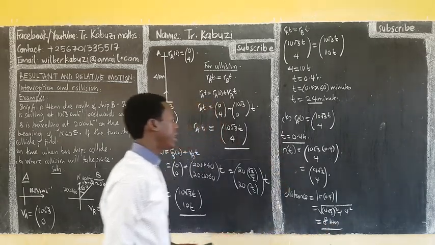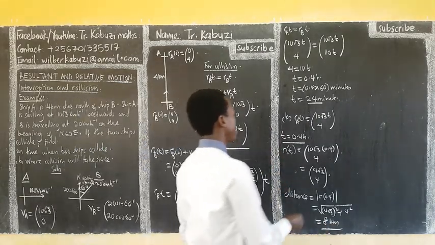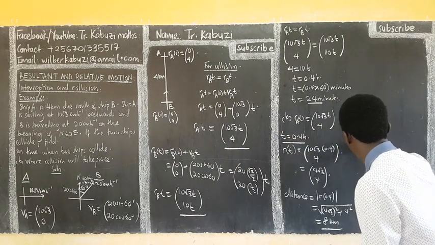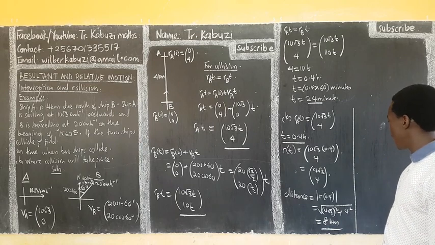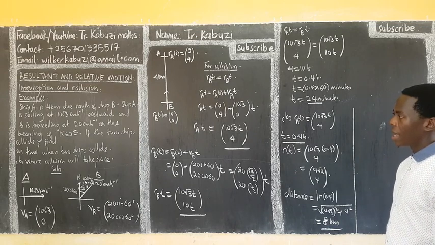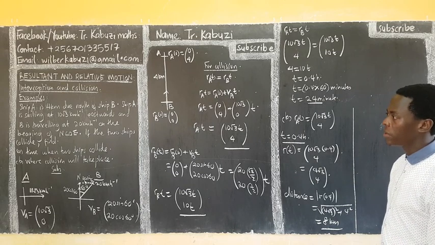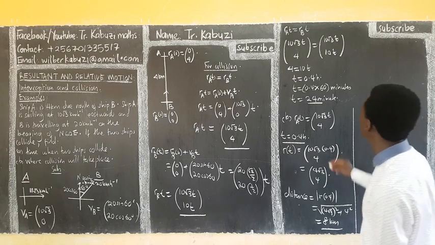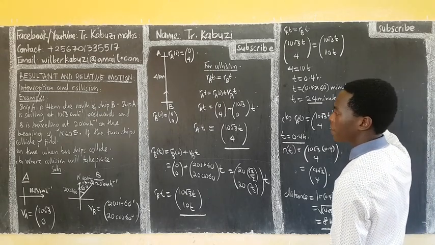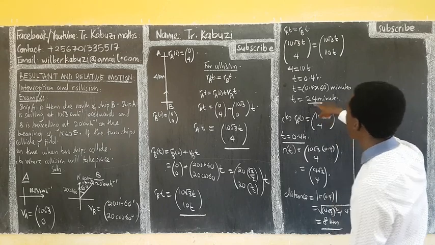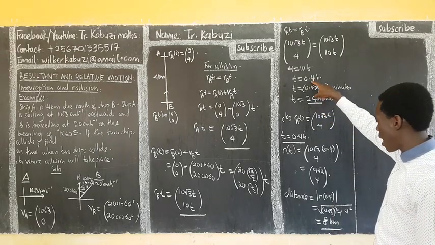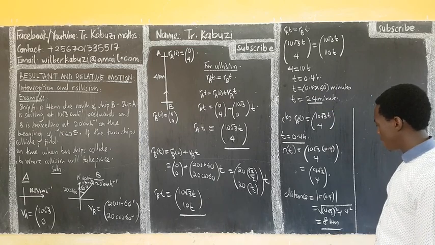So they are going to fly just 8 kilometers away. So collision will take place after 24 minutes or 0.4 hours at a distance of 8 kilometers.